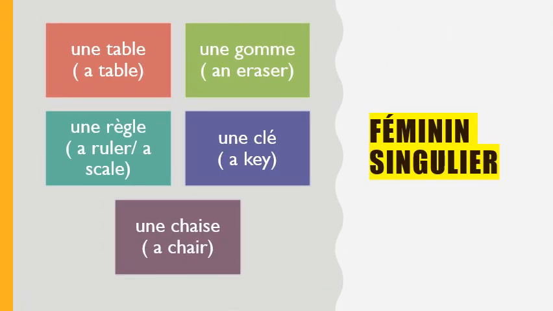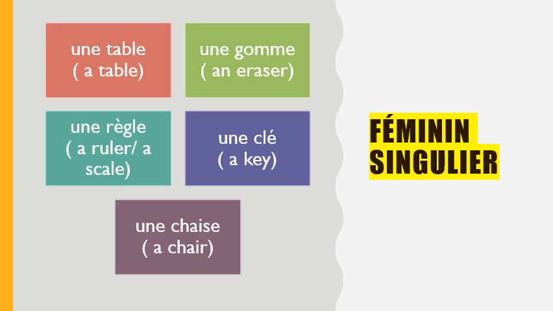Next are the nouns which are feminine singular. The first one we have taken over here is une table. That means a table. The next example is une gomme. That means an eraser.